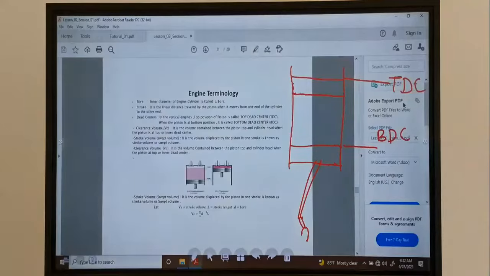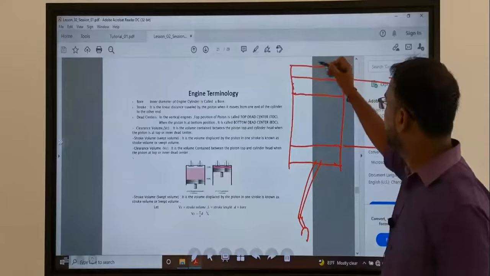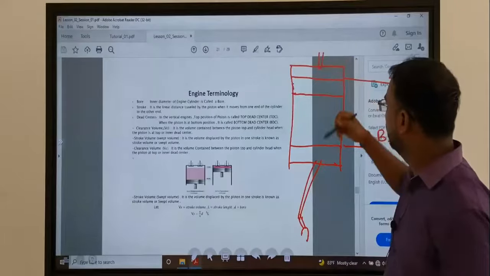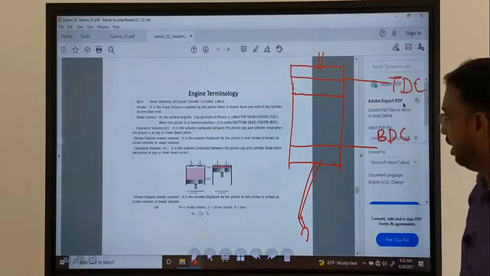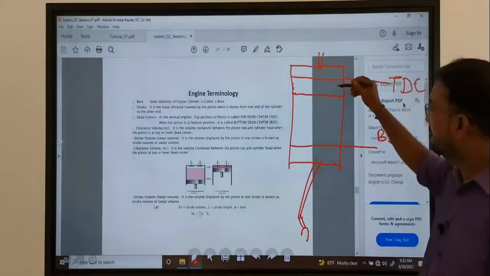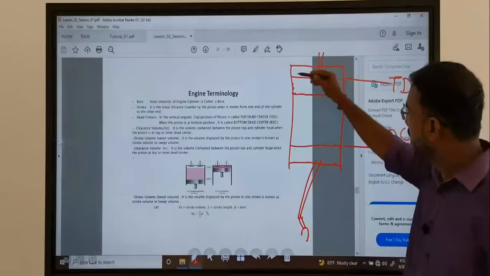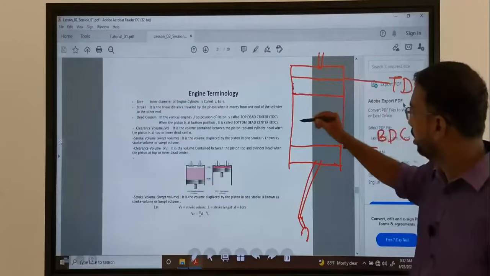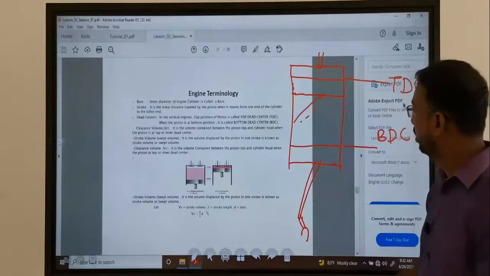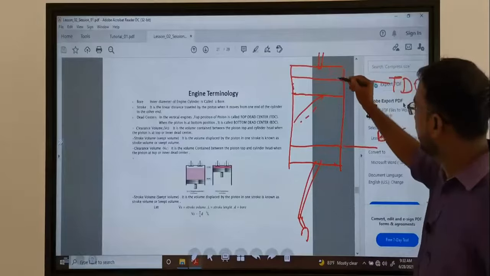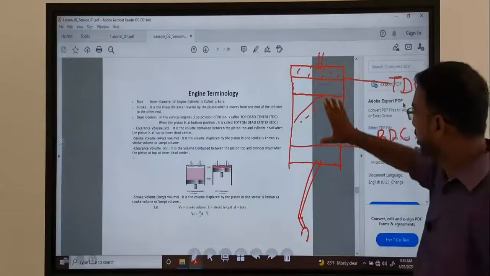Normally the cylinder is like this. This is the cylinder, and here is the spark plug or injector. So first, when the compression stroke starts, what will happen? The piston moves upwards and compresses the air.